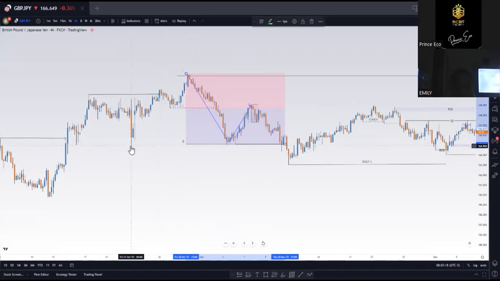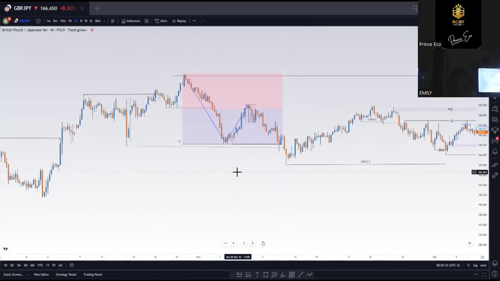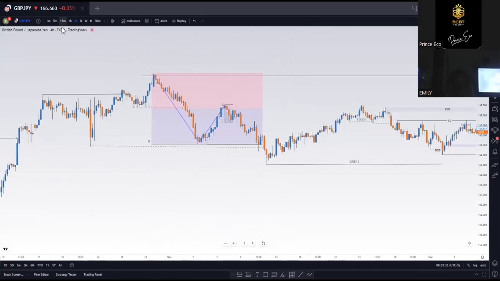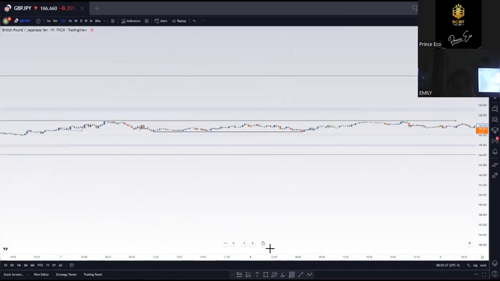Yeah, you see there's liquidity here. It's forming an equal. So you know that the market is going to come and sweep it down before it goes back up again. That's an equal. So normally what I would have done is go to the 15 minutes.